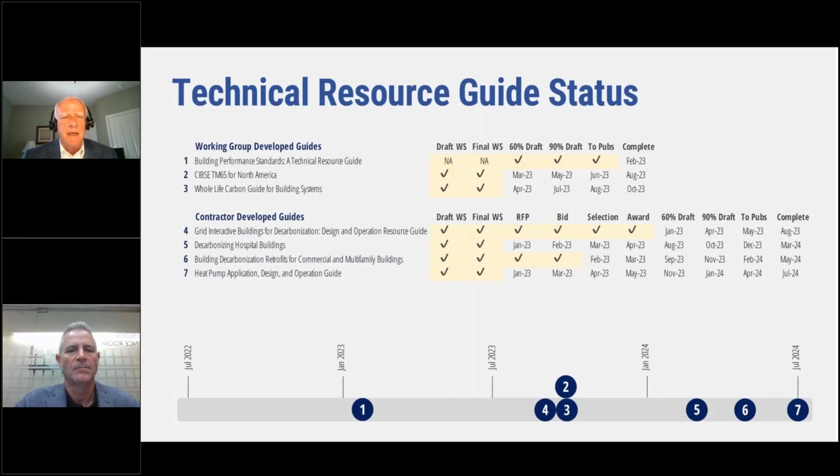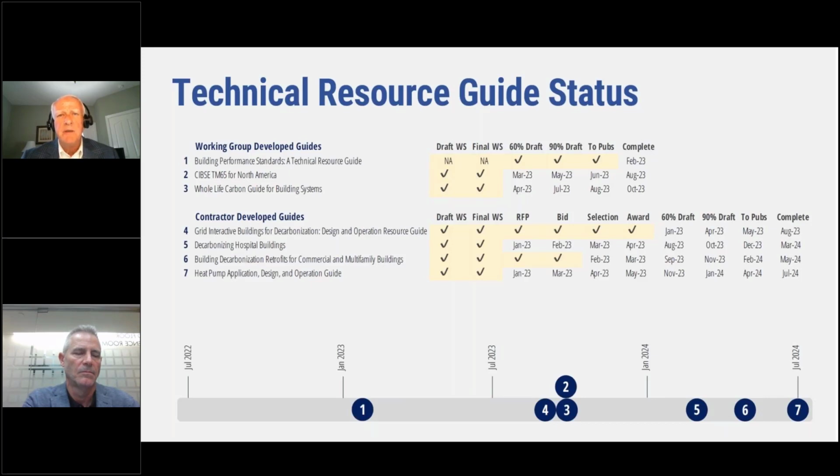Another one is being developed by the working group. The Task Force for Building Decarbonization has a number of working groups under the auspices of the task force. And one of those is dealing with the CIBSE TM65. This is developed by CIBSE.